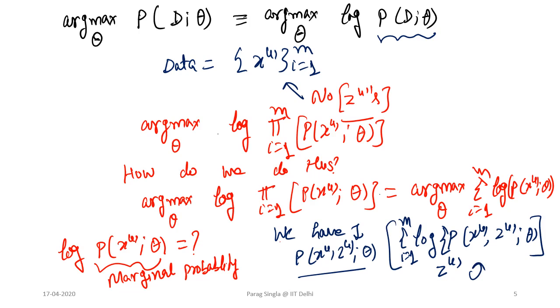So we could try to maximize this with respect to the theta parameter. So this is fine. In principle, you could actually do it, but the problem here is this sum.